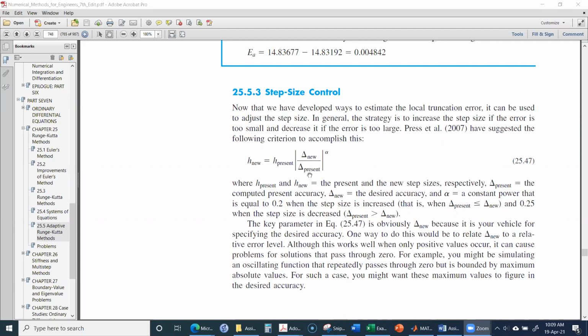Otherwise, if delta present is greater than delta new, alpha will be 0.25. These values have been proposed by Press et al.